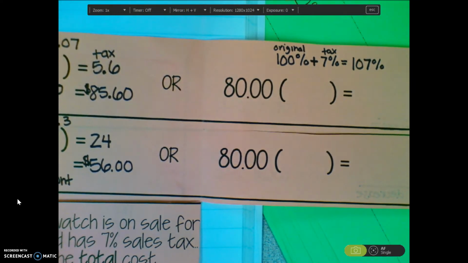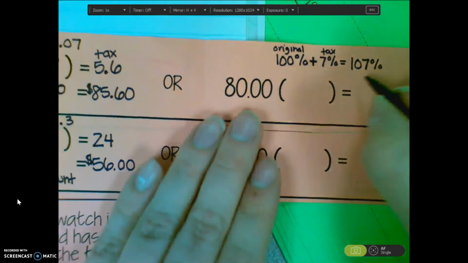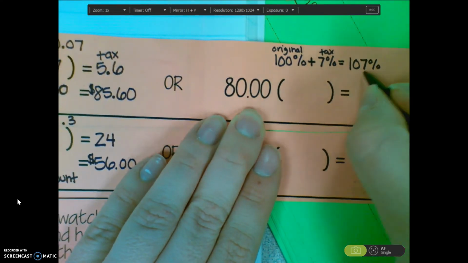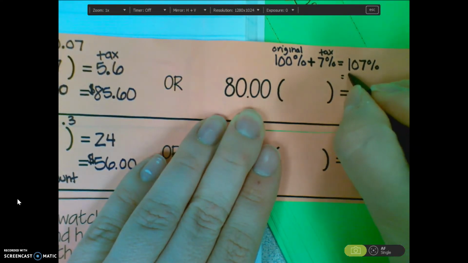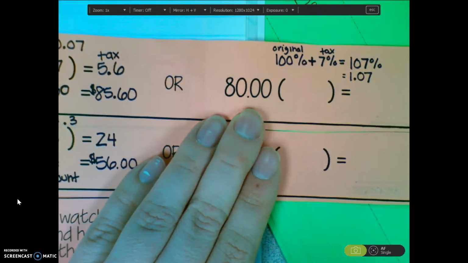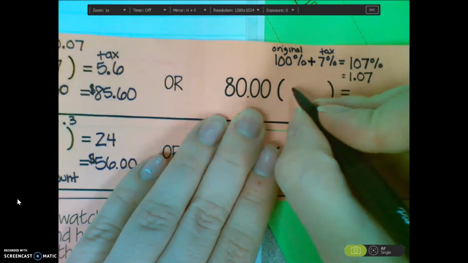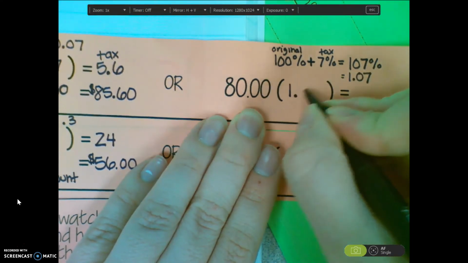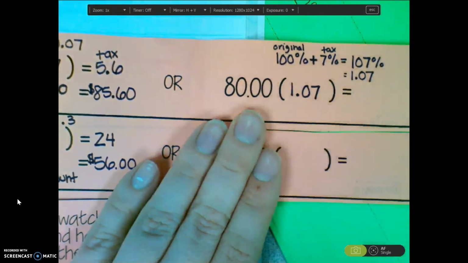So what we can do is we can actually do this all in one step. We can take our percent, our 107%. We can write this as a decimal, and you could do similar things with this, doing your proportions. But you're going to take this and multiply it by 1.07.